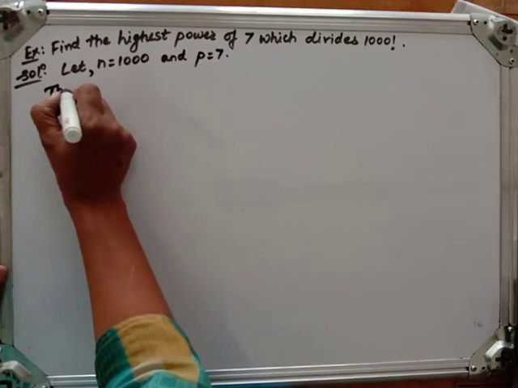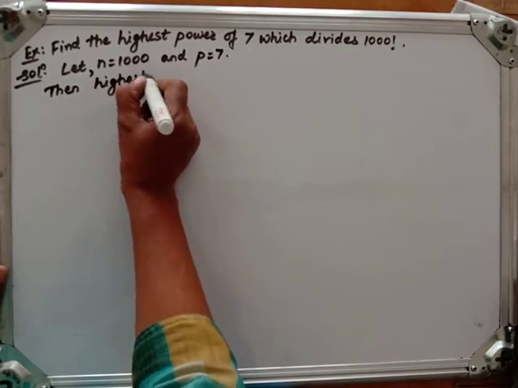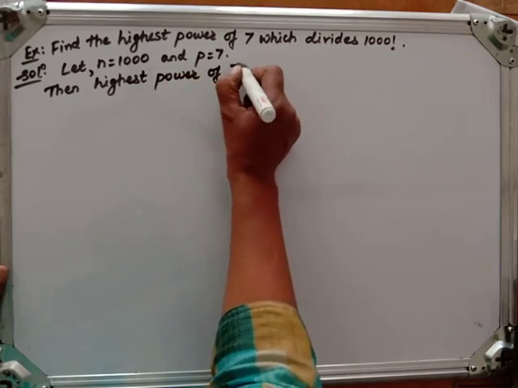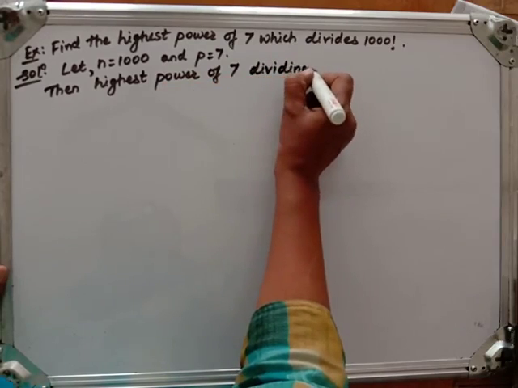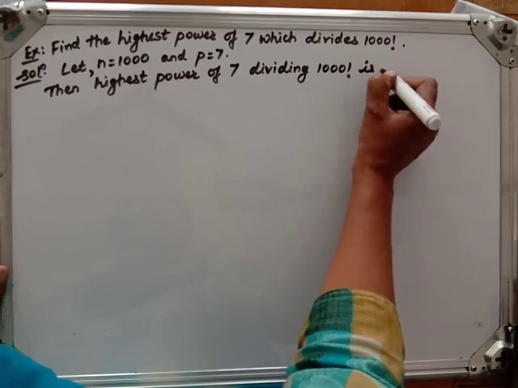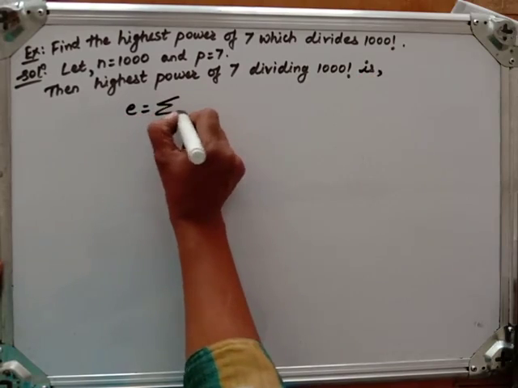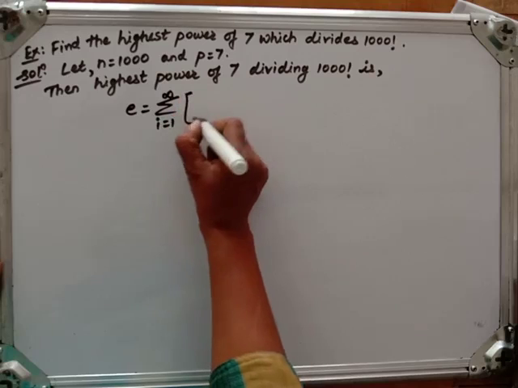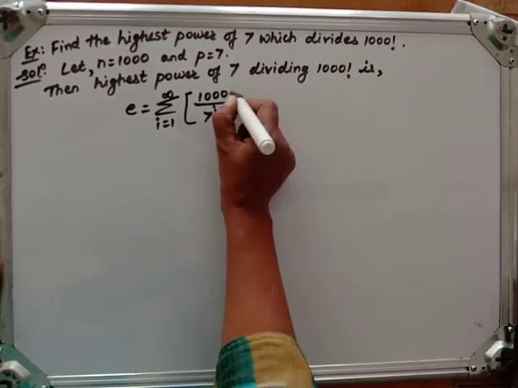Then the highest power of 7 dividing 1000 factorial is E equal to summation i from 1 to infinity of 1000 upon 7 raised to i.